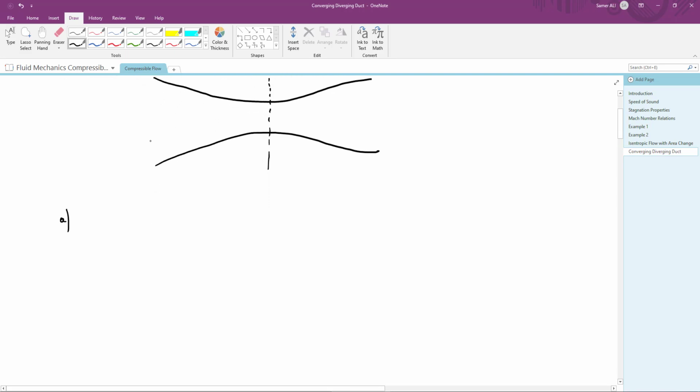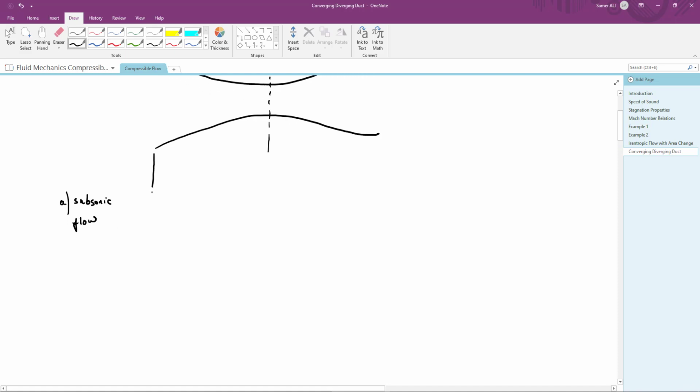In the first case, we will consider subsonic flow entering the converging diverging duct, and in another case we will consider supersonic flow entering the converging diverging duct. So let's start with subsonic flow at the inlet, and we will draw the Mach number distribution and the pressure distribution along this duct.